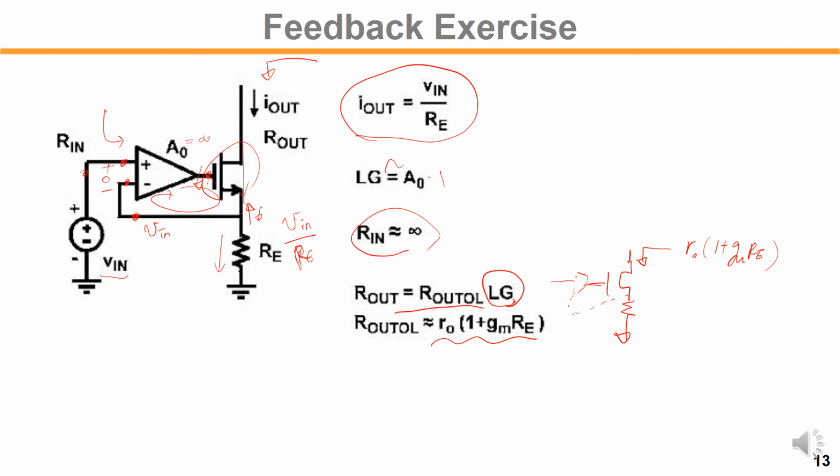This kind of example is popularly used in reference current generation. So you have a circuit like this, and take the current meter here.